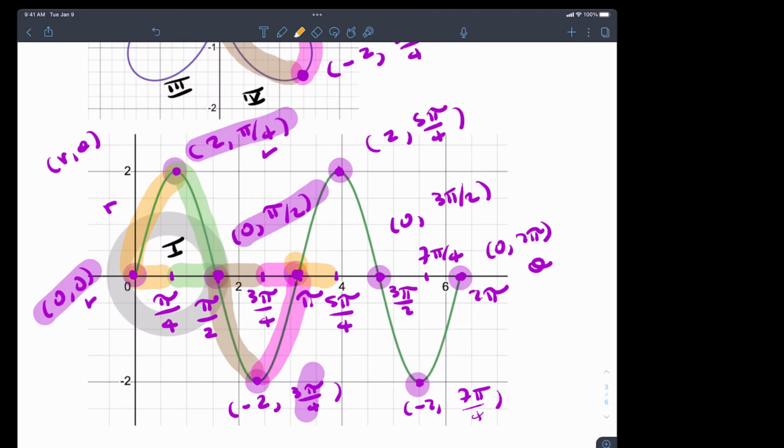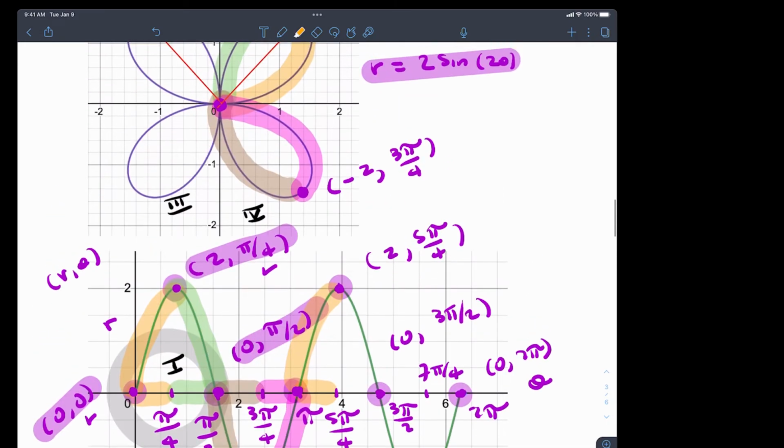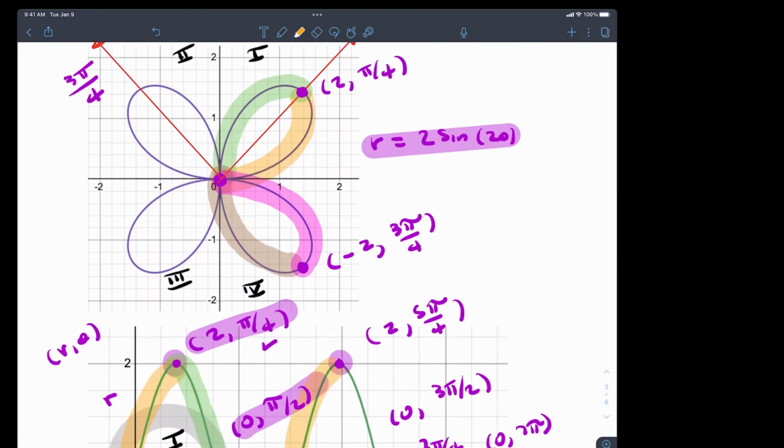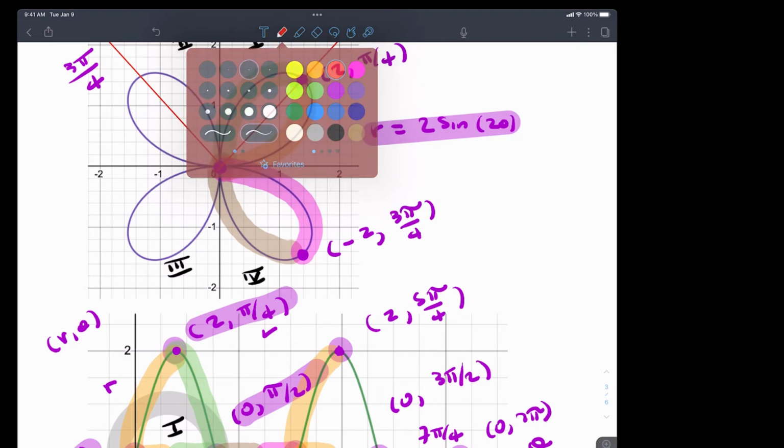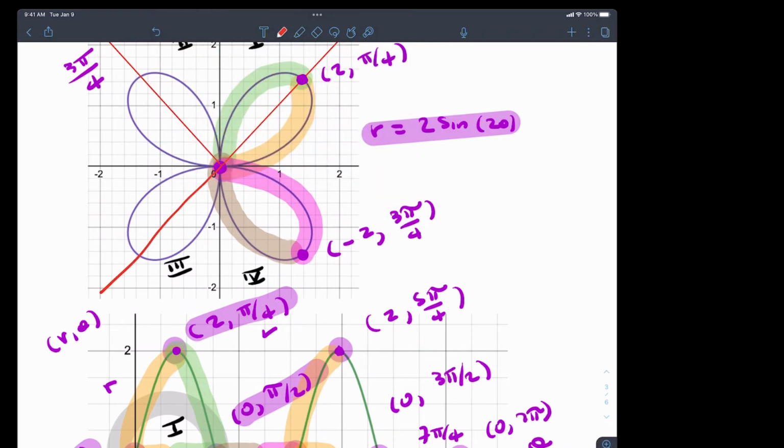And I'm going to use the same exact colors. This is the orange. We're going to go from pi to 5 pi over 4, and radius goes from 0 to 2. What does that look like? 5 pi over 4 is this angle down here, and that color again is orange.